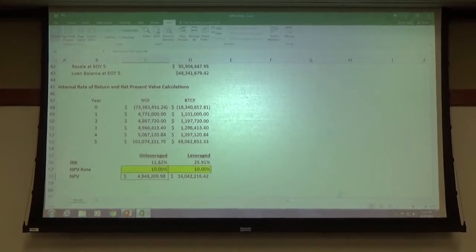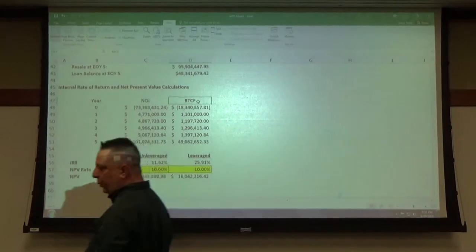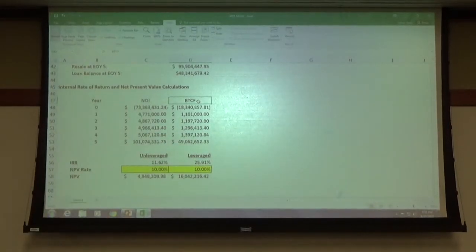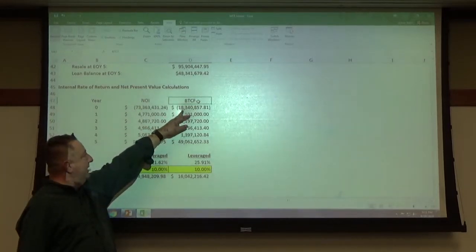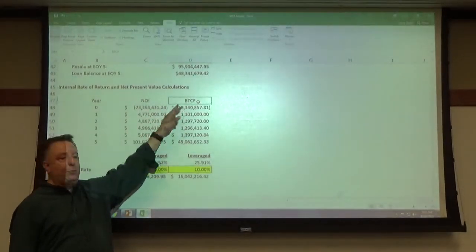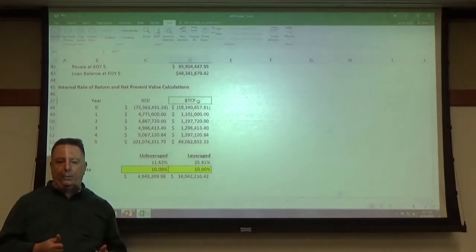Now, this side, the before tax cash flow. Same general concept as the one on this side. The difference with the numbers is this one is taking into consideration the loan that you got. And the reason why this is only 18 million instead of 73 million is that it represents just your equity.